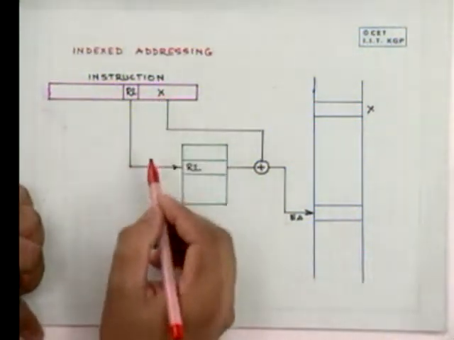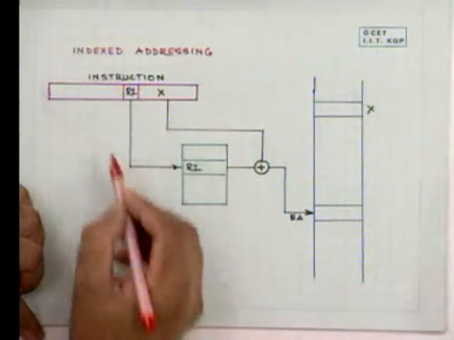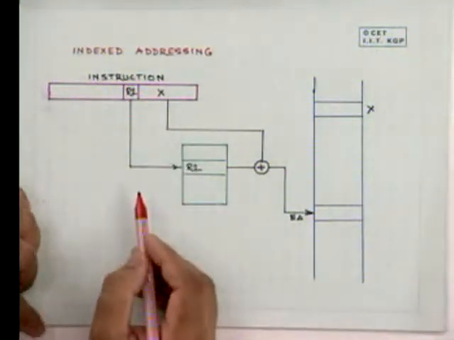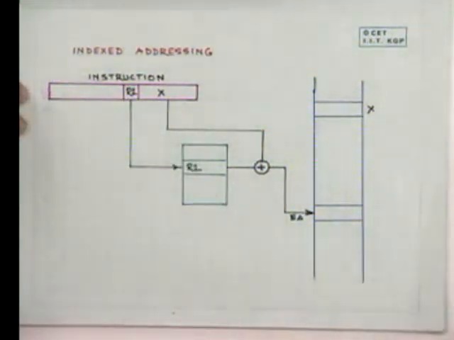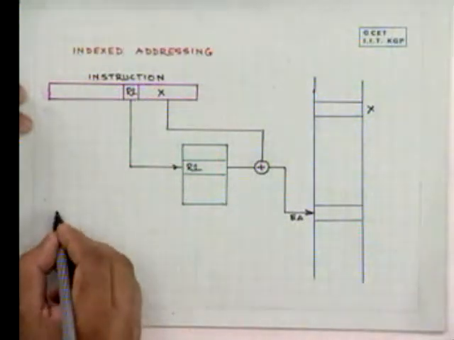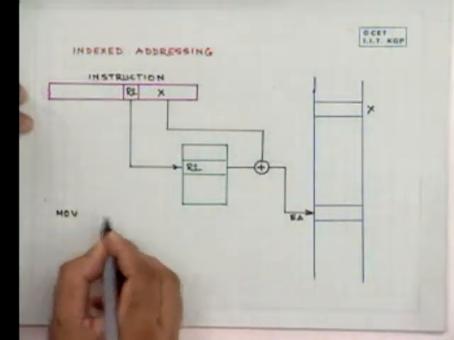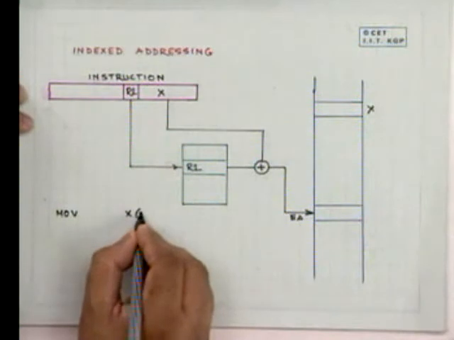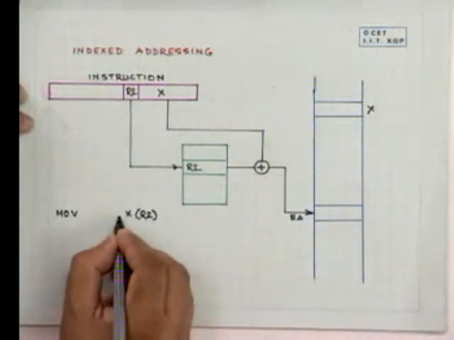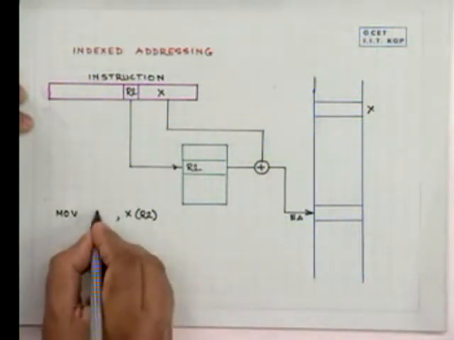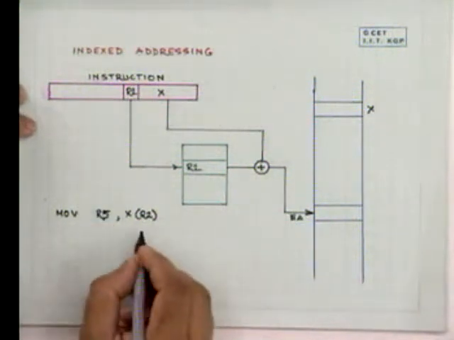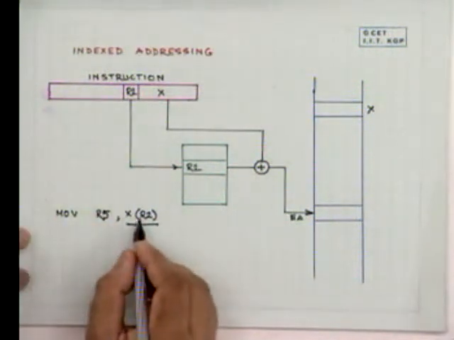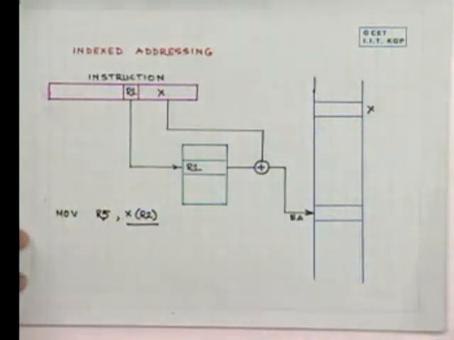One is an address X, another is a register R2, which we call an index register. An example can be like this. Say we say move X R2 to say some register, say R5. Here in fact what we are specifying is an indexed addressing, right?